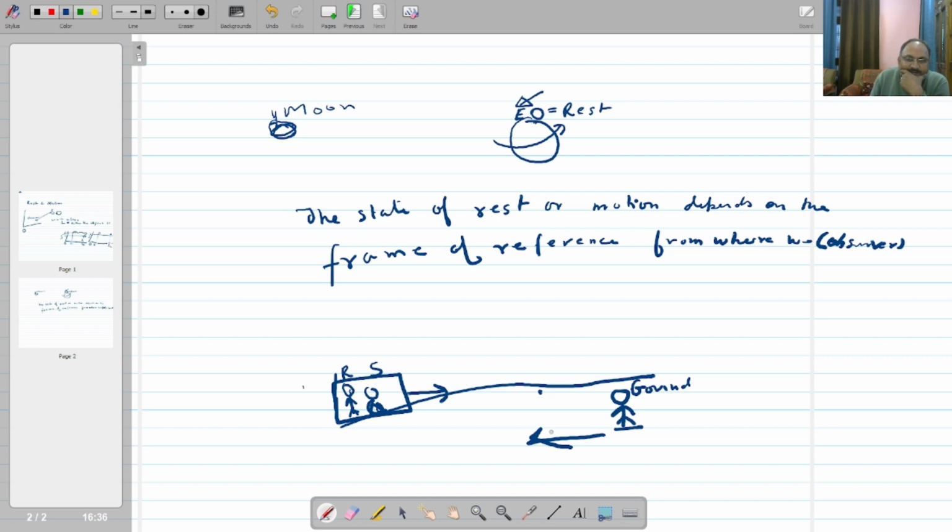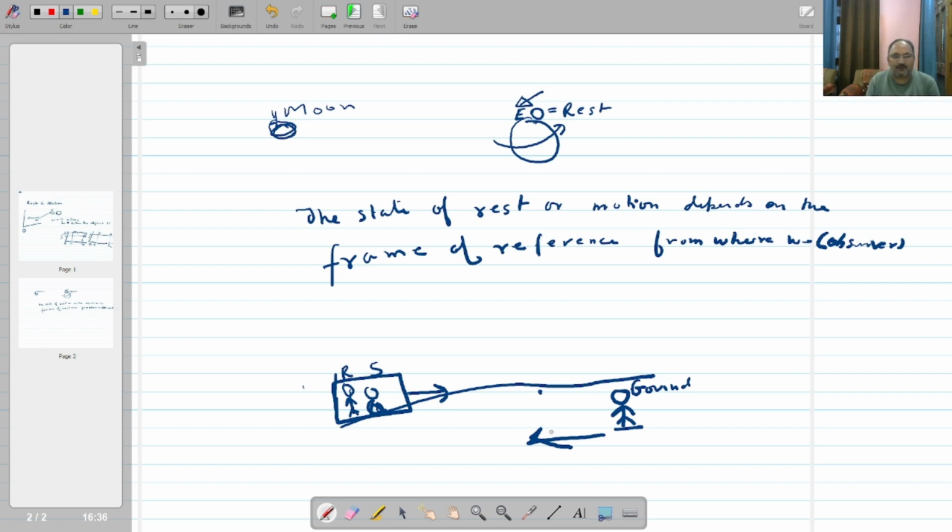Right? So, rest and motion are all relative terms. It primarily and totally depends on the relative position of the object which is under observation and the observer who is observing the incidents.